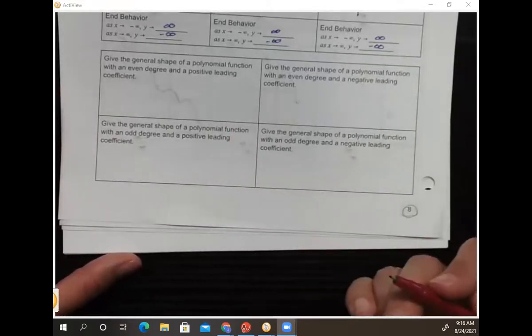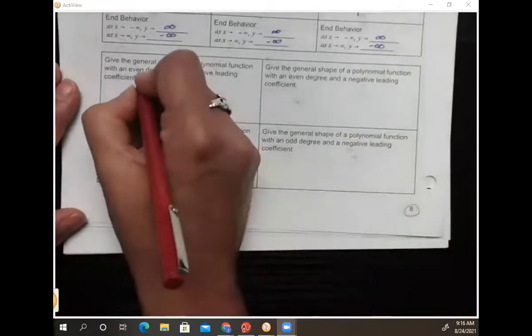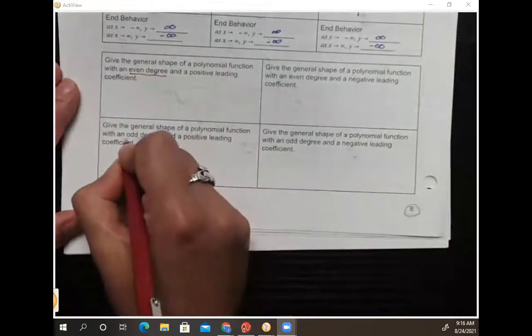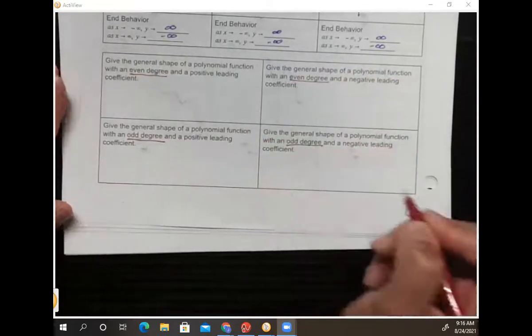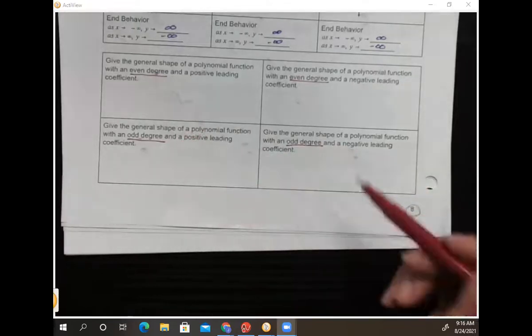So the big idea is that we can have even degrees or odd degrees. So I'm on the bottom of page 8 right now. Either the degree for my function is even or odd. Remember, even numbers would be like 2, 4, 6, 8. Odd would be 1, 3, 5, 9. And then the other thing I want to look at is my lead coefficient.